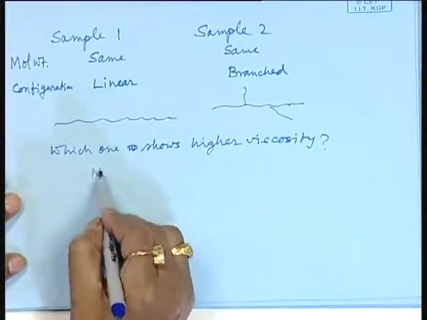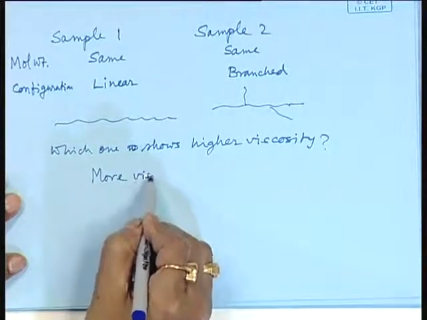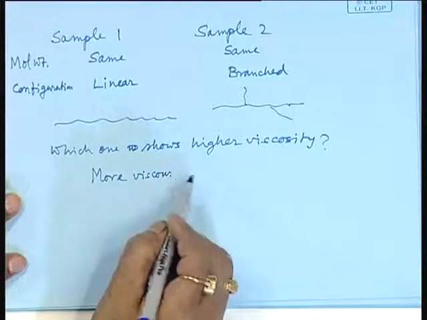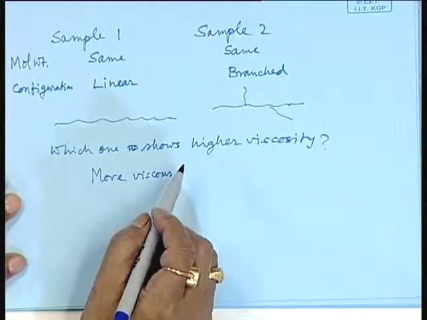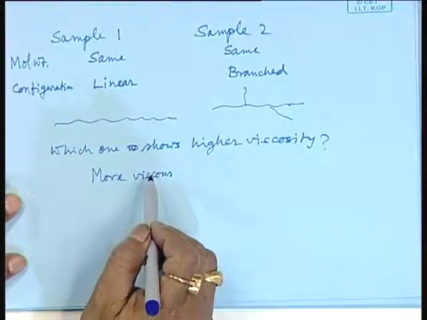You are telling viscosity of sample 1 will be more, because density will be more. What are you telling, density? You have taken the same concentration. That means the quantity of polymer is the same in both cases. The only difference is one is linear and the other is branched.